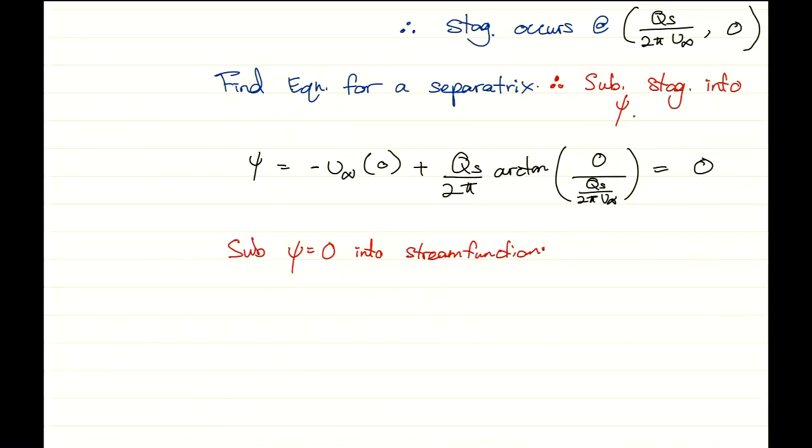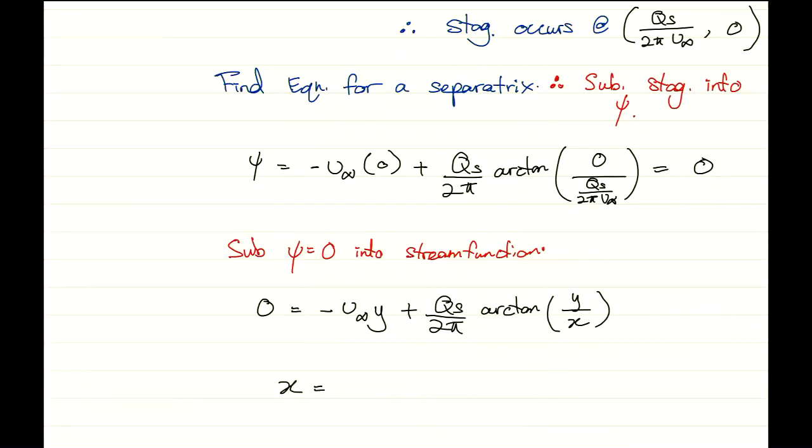Okay, so I'm going to substitute psi equals 0 into my stream function, and you'll get 0 equals negative u infinity y plus qs over 2 pi arctan of y over x. Okay, and I can just rearrange it so I find an expression for x.